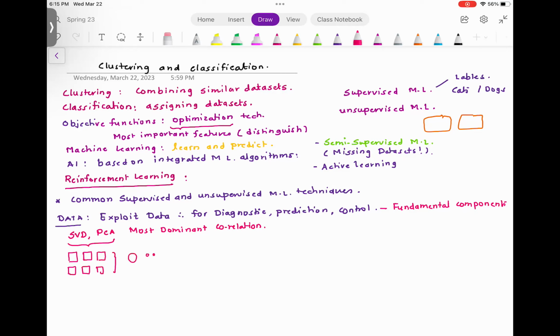It will have two eyes. It will have a nose. It will have some other facial features. So these are the eigenfaces, or fundamental components, or fundamental correlations.